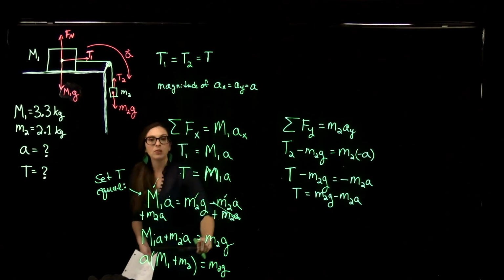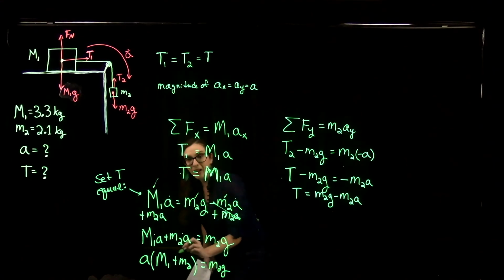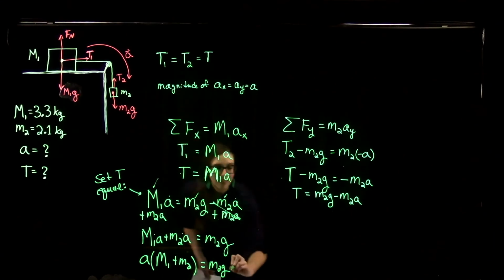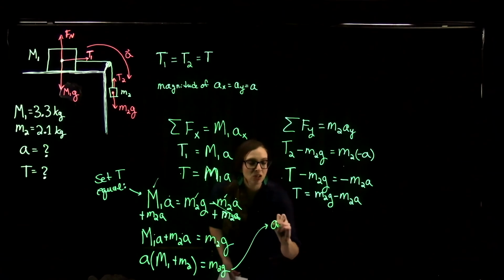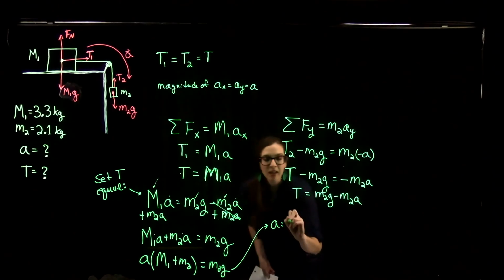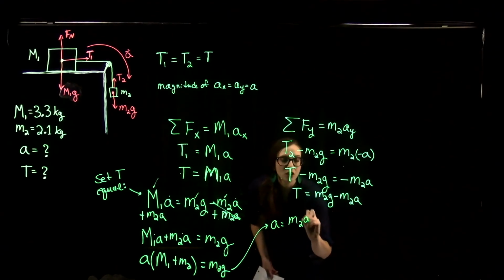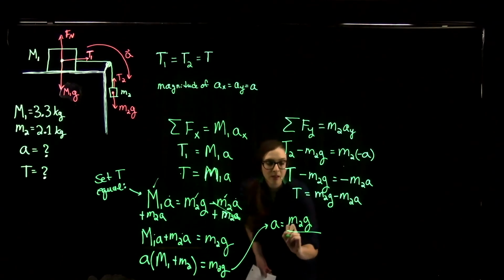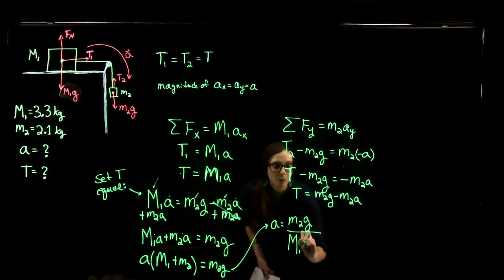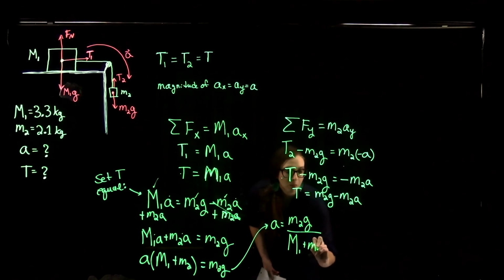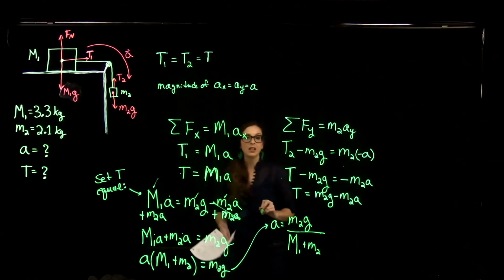Now I divide both sides by big M plus little m, and then my acceleration equals m2g over big M plus little m. Okay, so that's the equation.